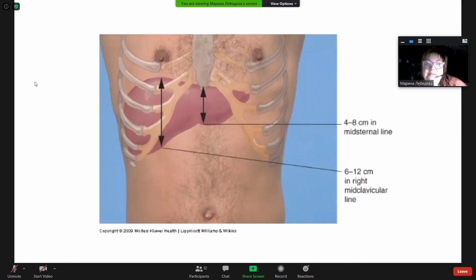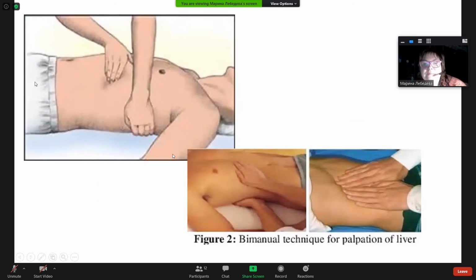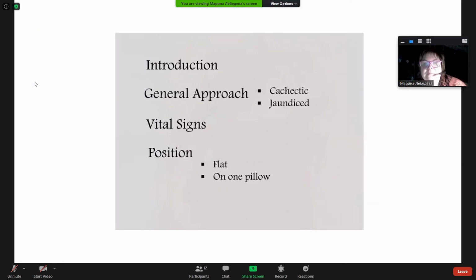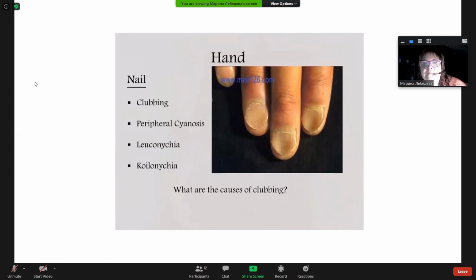Please revise the liver sizes by percussion. Do not forget about extra gastroenterological tract signs like changed nails, Dupuytren, palmar erythema, spider nevi.